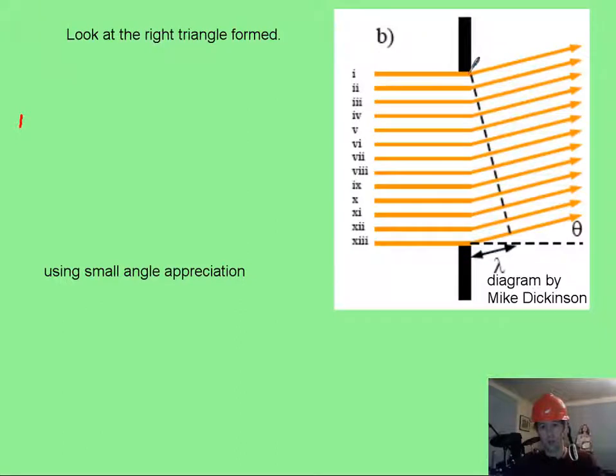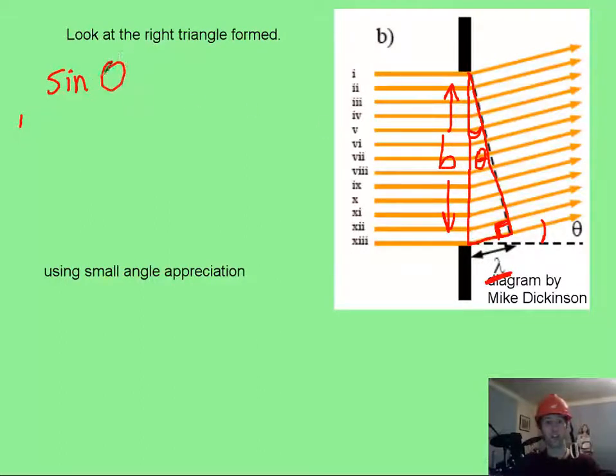Now let's look at the geometry of this complete destructive interference. If we consider this to be a right triangle, and we are, then this leg is going to be a width b. This is going to be a distance of lambda, and if this is our angle theta, this also is theta. So if we want to use some SOHCAHTOA, this is going to be my opposite and my hypotenuse.